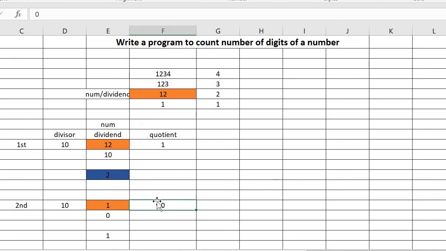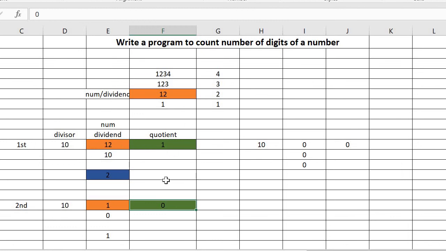So in the next step, the quotient I have achieved is 0. If I iterate again and divide this 0 by 10, 10 zeros are 0, and the remainder I will get is also 0. So there is nothing in this iteration. I don't have to perform it because it doesn't make any sense. So with these two iterations, this is my first step, that means I have got 1 digit, and then the second digit.